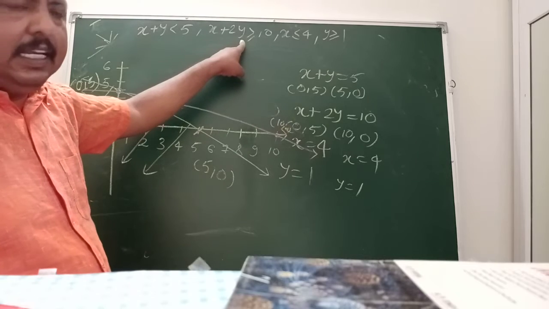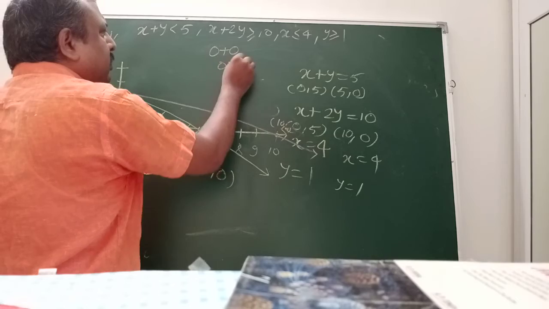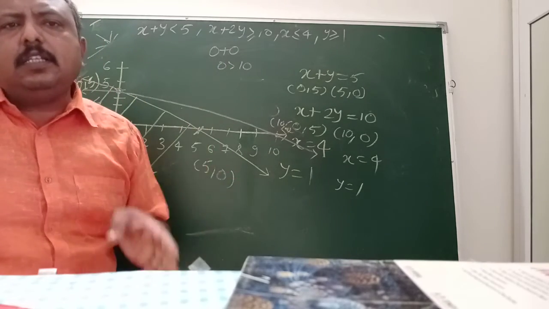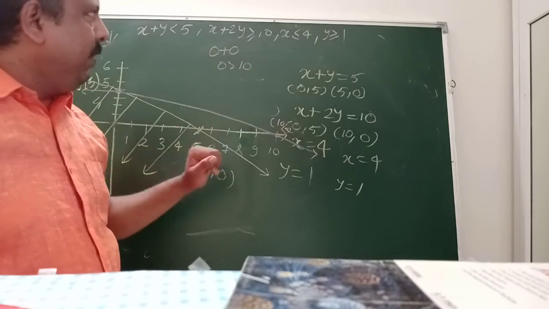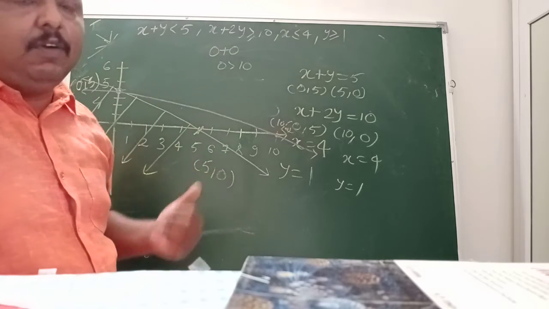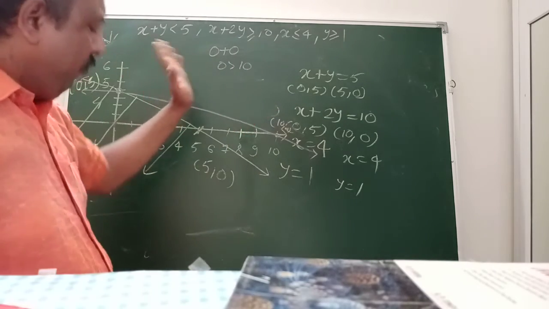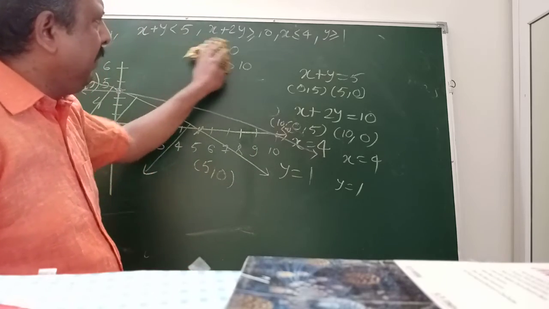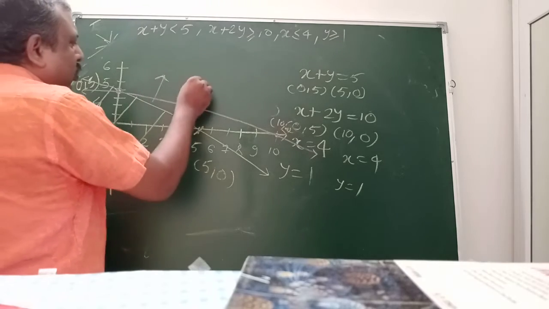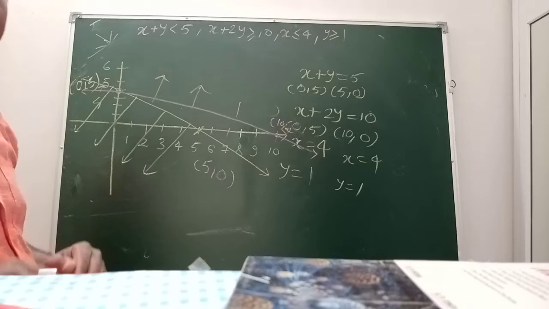If I put the origin here, 0 plus 0 is equal to 0, and 0 is greater than 10. My assumption was that the origin is a solution of the given inequality, but when I put it into the inequality, I got 0 is greater than 10. It is universally false, it is not possible. So what I assumed was wrong. This means the above portion of the line is the solution.